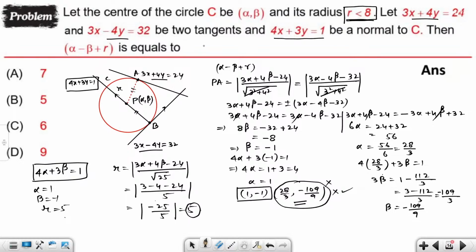Therefore, the value alpha minus beta plus r will give us 1 minus 1 plus 5. That gives us 7. Is it clear? Hence, option A is correct. Have you got it? Is it clear to all? Okay, let me reveal the answer. Yes, it's A. Okay, so now let's move to the next part.